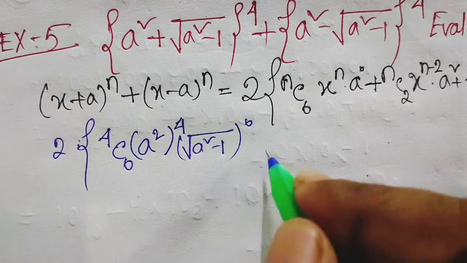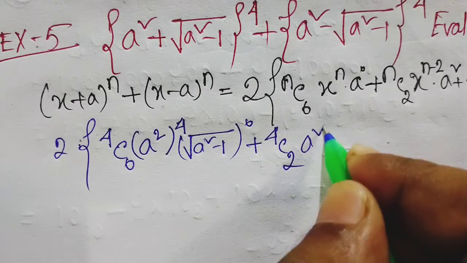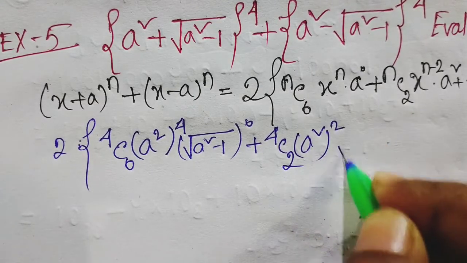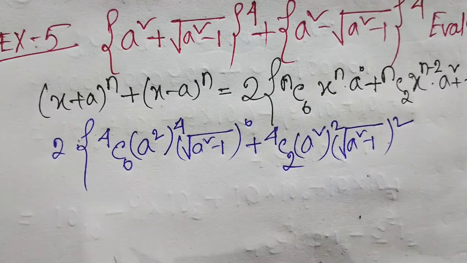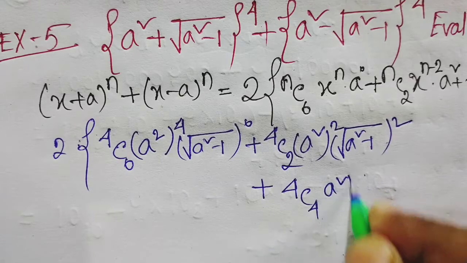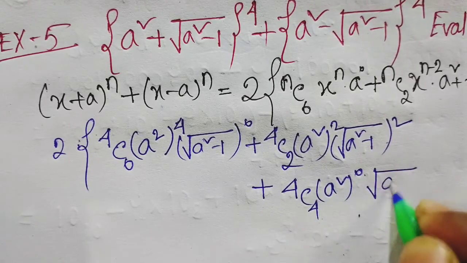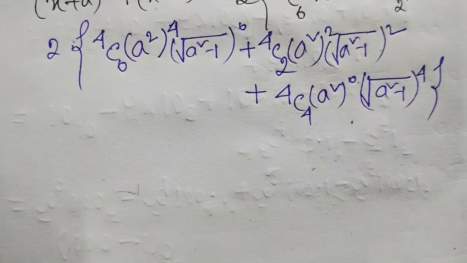Next plus 4c2 (a square) whole to the power 2 and (under root a square minus 1) whole to the power 2, plus 4c4 (a square) whole to the power 0 and (under root a square minus 1) whole to the power 4. Now simplify.